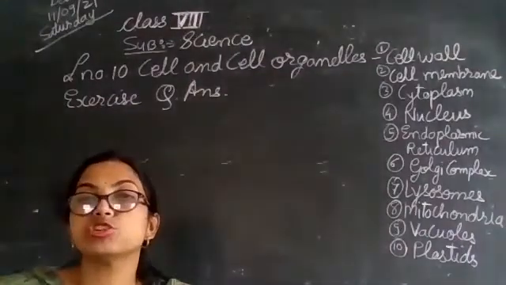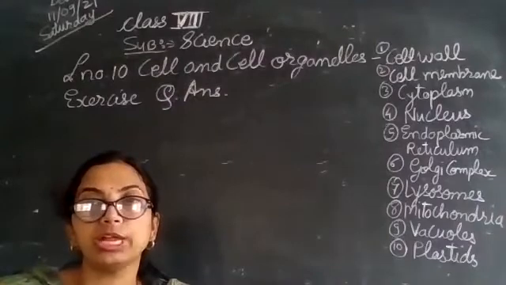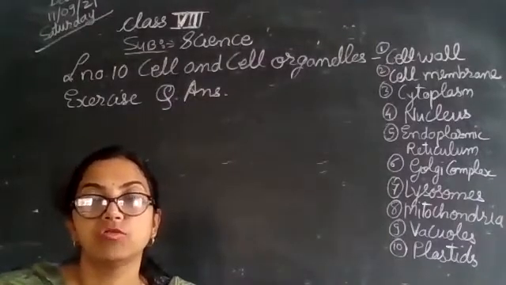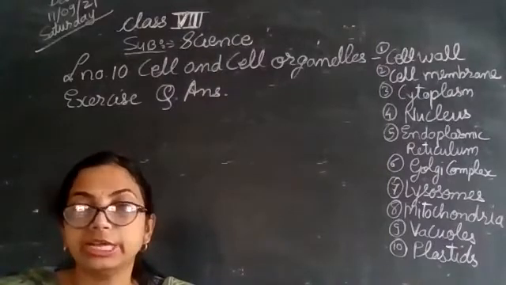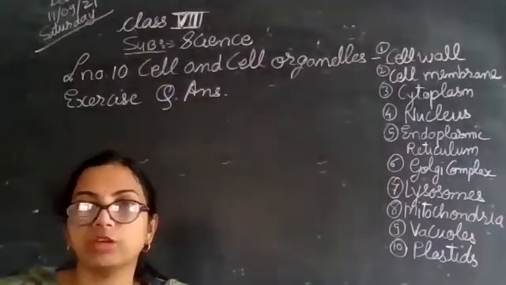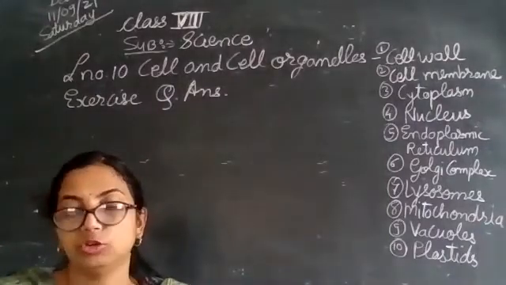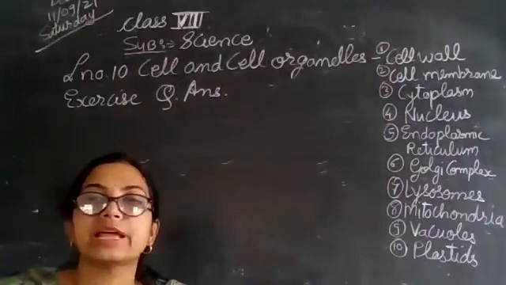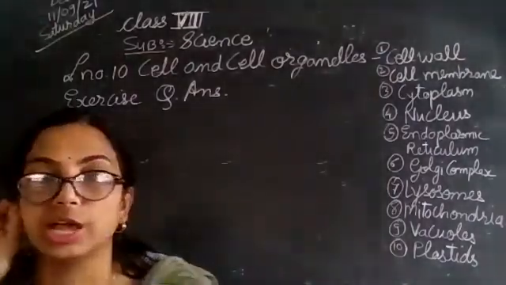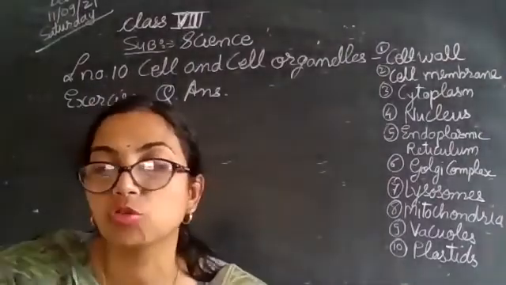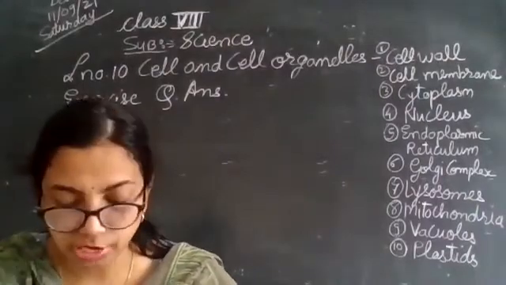But this ribosome is also very important because it is helping in synthesizing proteins inside the cell. For protein synthesis, we need ribosomes. Then DNA is also present in each and every cell. It could be plant cell, animal cell, whatever. But chlorophyll, which is present only in the chloroplast of plant cell, is not present in the animal cell.